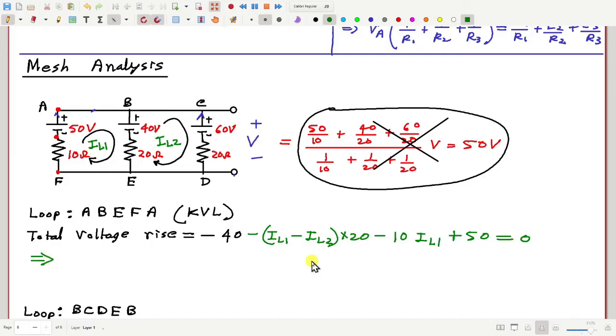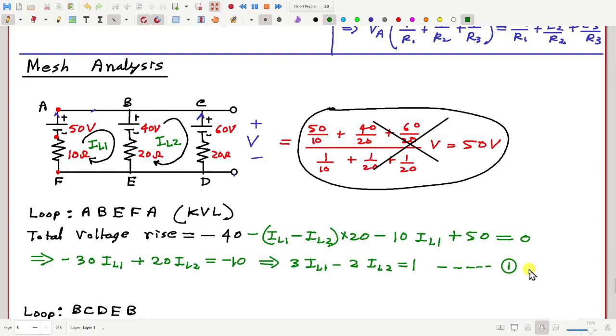Okay, so if you simplify this equation, you will get minus 30 IL1 plus 20 IL2 equal to minus 10, implying 3 IL1 minus 2 IL2 equal to 1. So this is one equation.